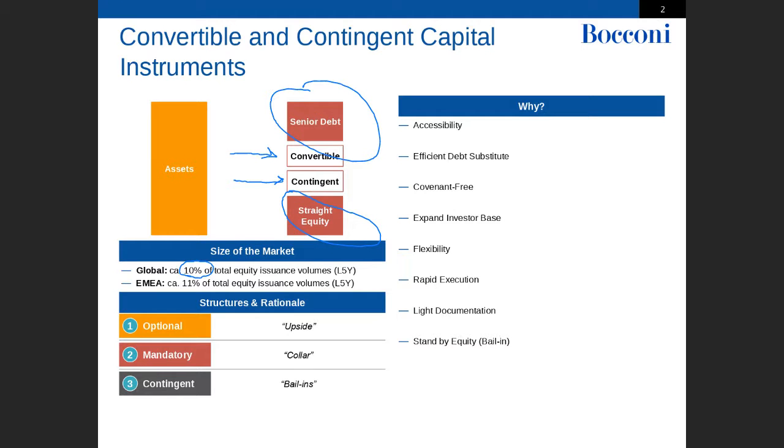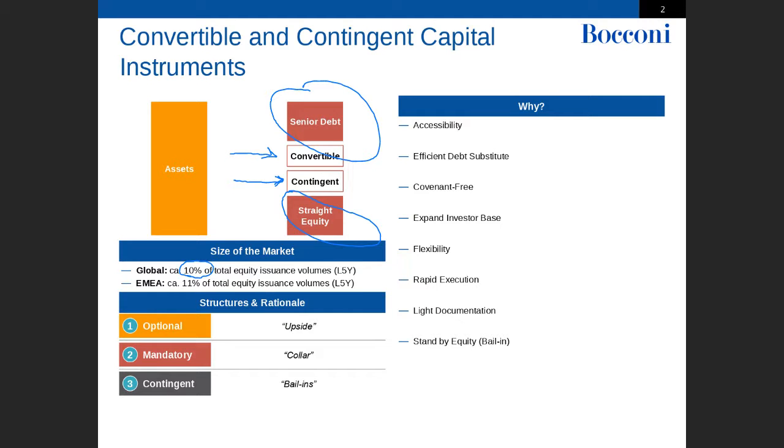So it's very, very important. And we will see in a second why it is not only important in size, but also in terms of the advantages that hybrid capital provides for the issuer.